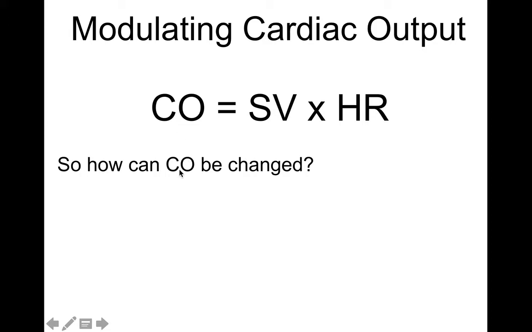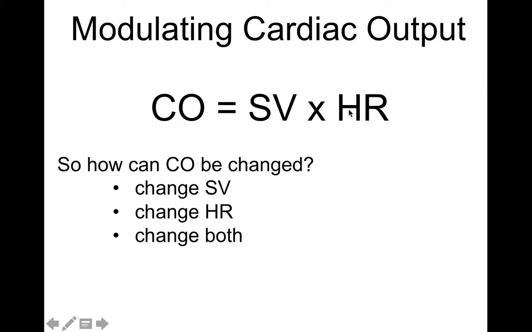So how can this cardiac output be regulated? We can either change stroke volume, or we can change heart rate, or we can change both. And changing one or the other or both will obviously change cardiac output. So let's start off by just looking at things that can modulate heart rate, which are then obviously going to modulate cardiac output.